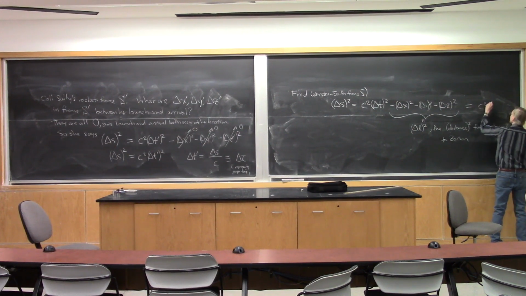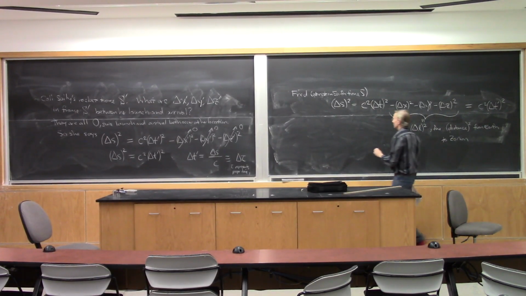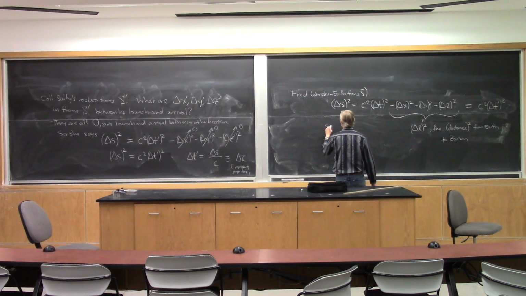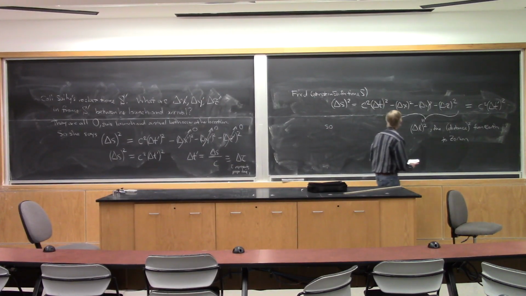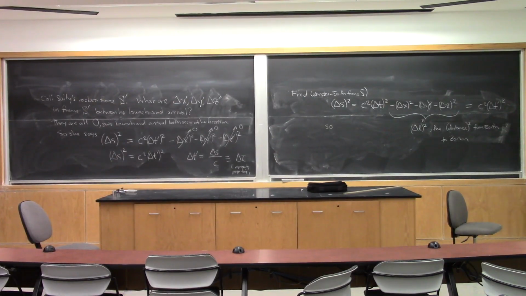But this is the same thing as c squared delta t prime squared, because that's what Sally got for it, and everybody gets the same thing, right? So which one's bigger, delta t or delta t prime?